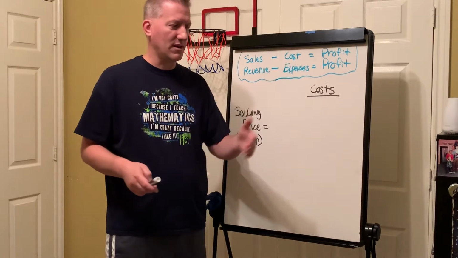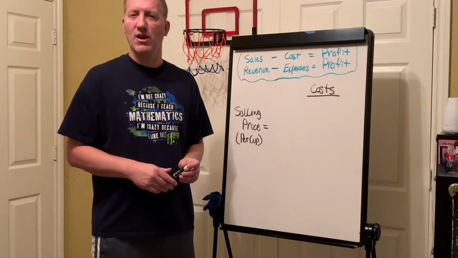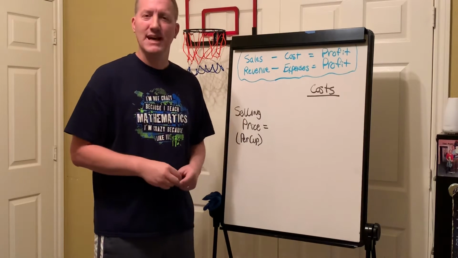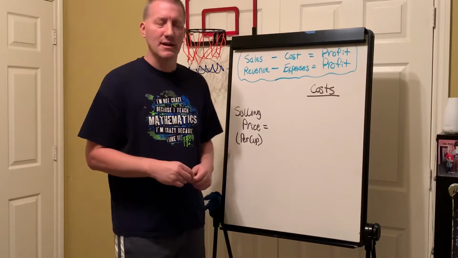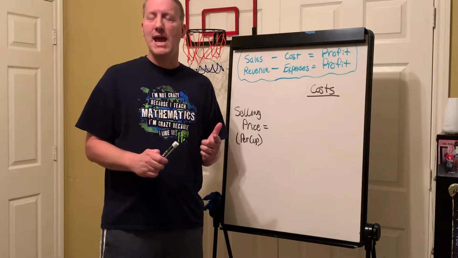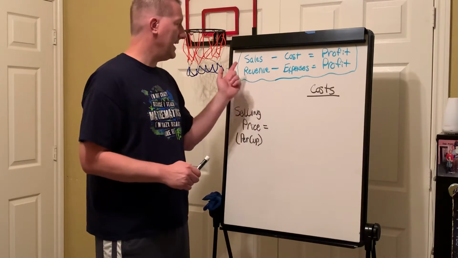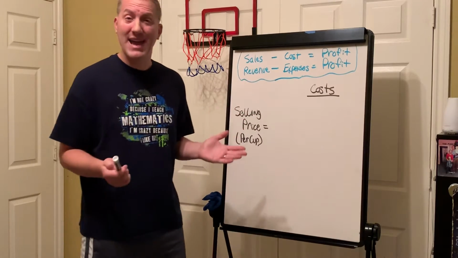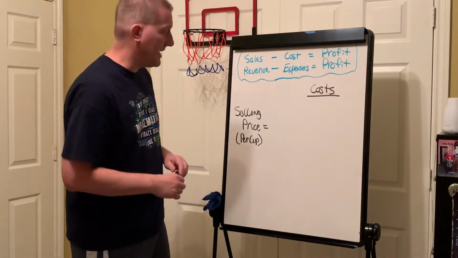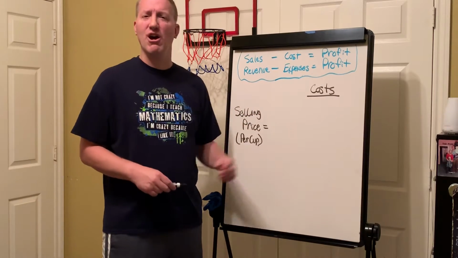We've all sat out at the end of our driveway or at a park or at a friend's house, and we sold lemonade. So we're going to use selling lemonade as a way to find how much profit you make. First, let's think about our costs.